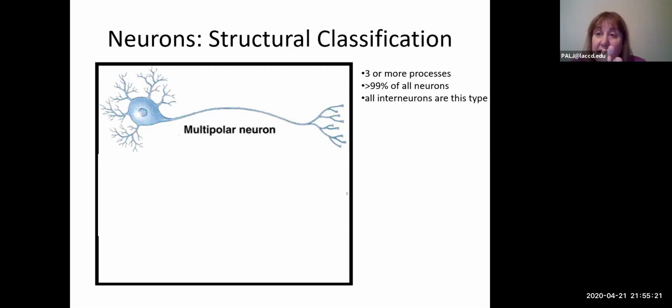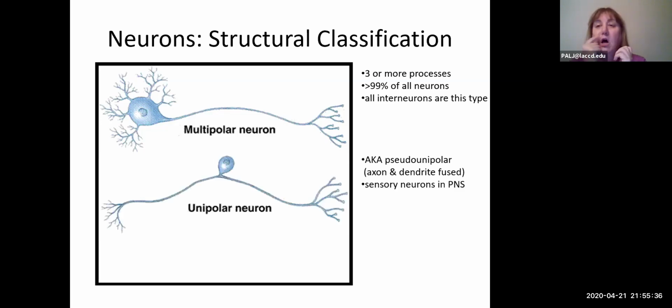Yes, we will have some other types of neurons, which we will see, some other functional type of neuron that is multipolar. The second type structurally is what is called a pseudo-unipolar, and previously was called unipolar.